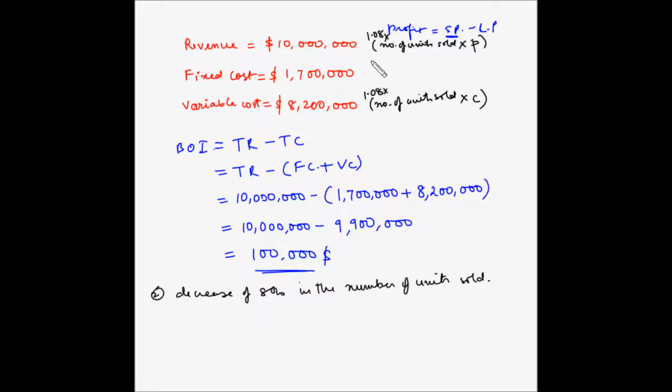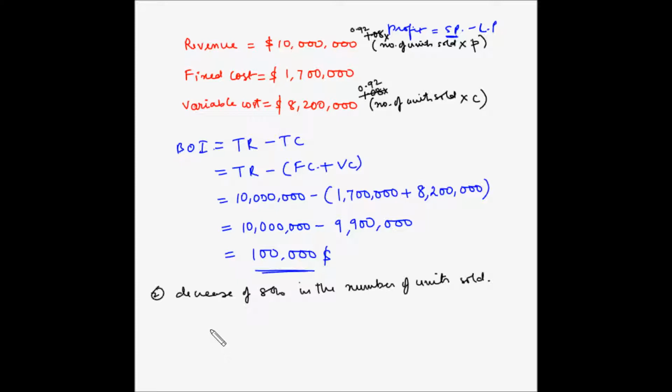In this case, both revenue and variable cost will be impacted. However, because there is a decrease, we will multiply by 0.92. Here basically I'm considering 1 as 100%, and if 8% from that is reduced, 0.08 has to be reduced from 1.